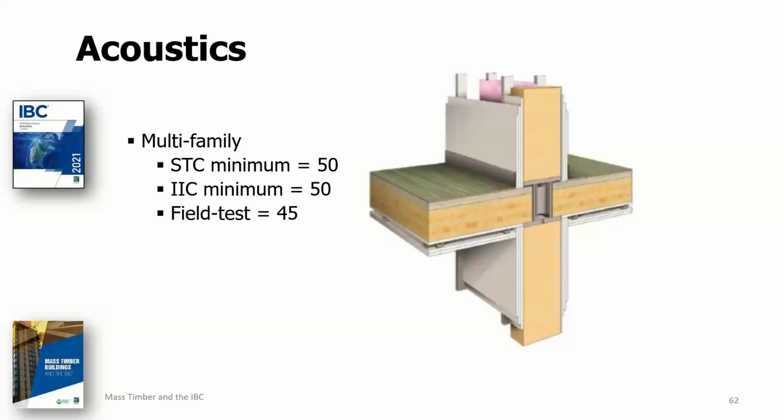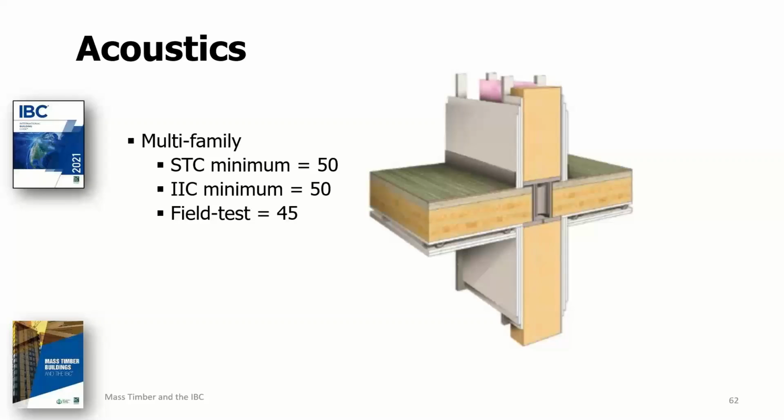Alternatively, such assemblies can be field tested, and there are separate standards that are referenced for field testing. They're different from the laboratory test standards, and you have different rating classifications if you take that alternate field testing route. But the bar is a little bit lower for those.